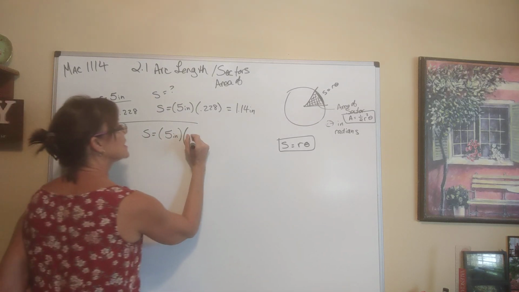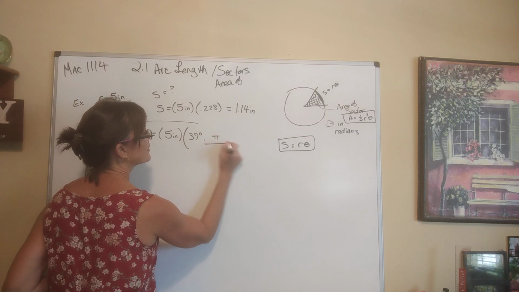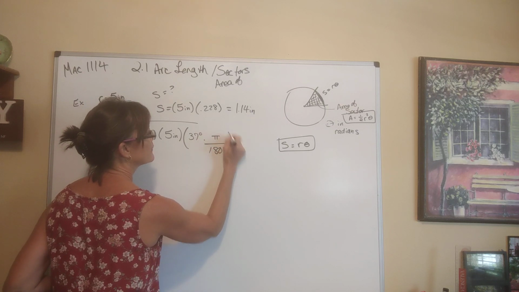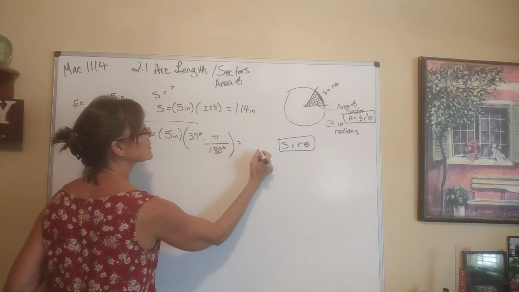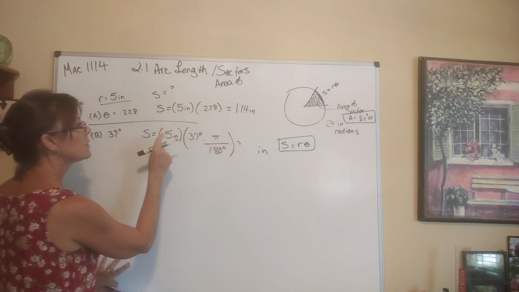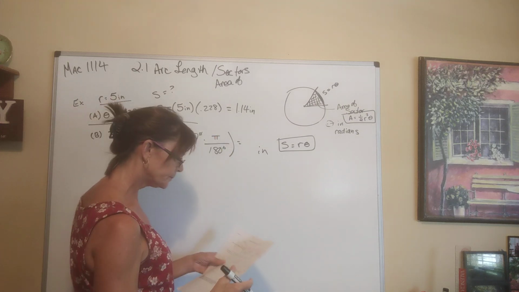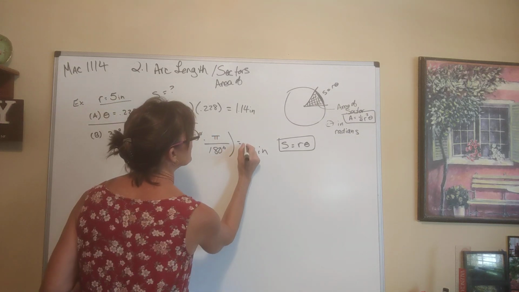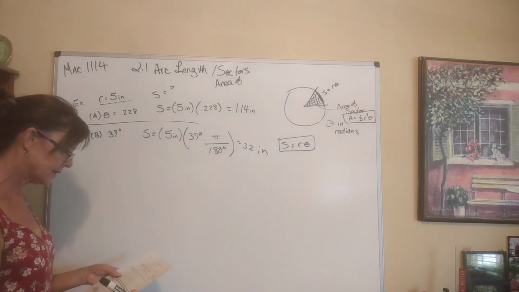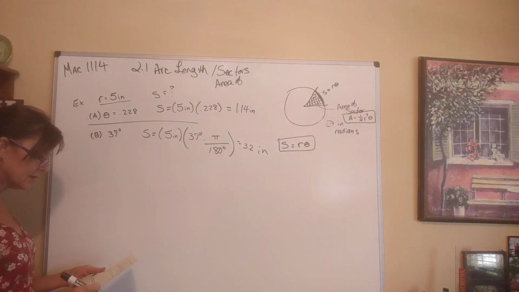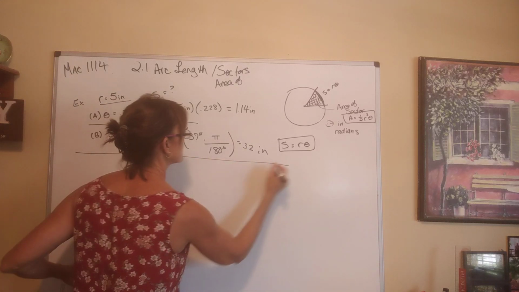So I'm going to take 37 degrees, and then convert it, times pi divided by 180, which is how you convert it. And you'll see that these degrees are going to cancel out, and my units are going to be in inches. So if you multiply 5 times 37 times pi and you divide it by 180, you get 3.2 inches.